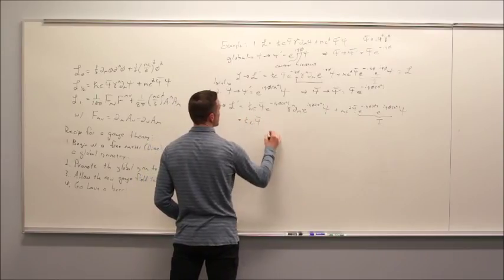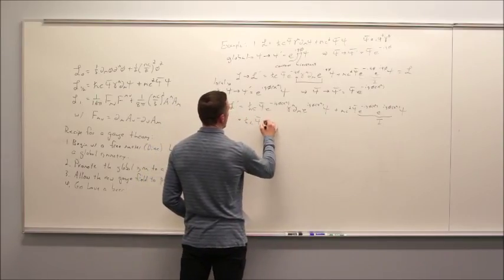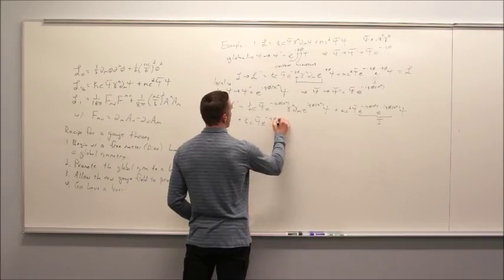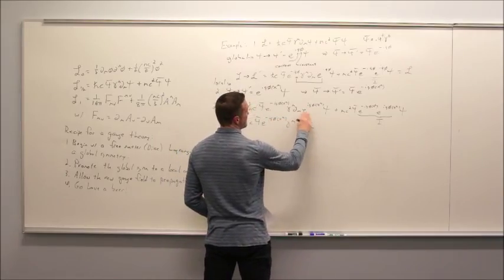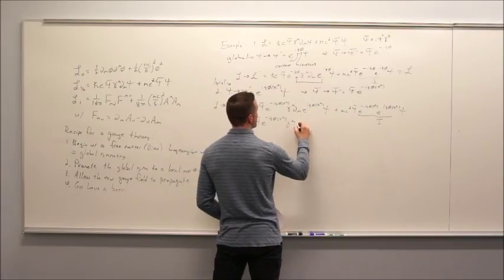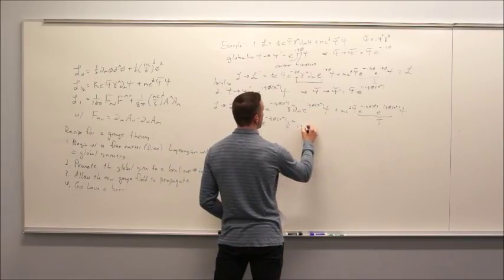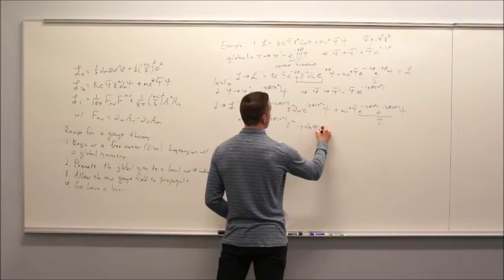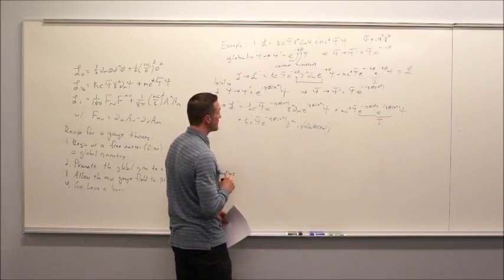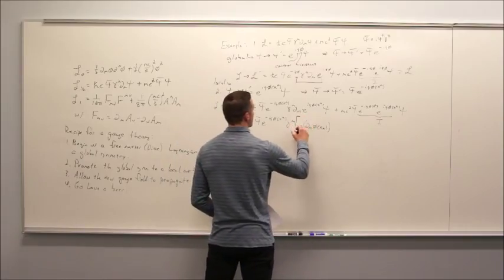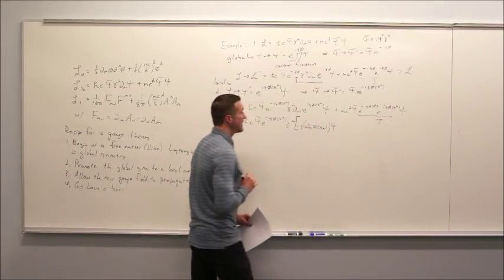And so we get an expression of the following form. e to the minus i q phi of x mu, gamma mu. If I let the d mu hit the exponential term first, I'm going to pull down a factor of e to the i d mu phi of x mu, and I'm going to put that in parentheses to remind us that's the only thing the derivative's acting on, times psi.